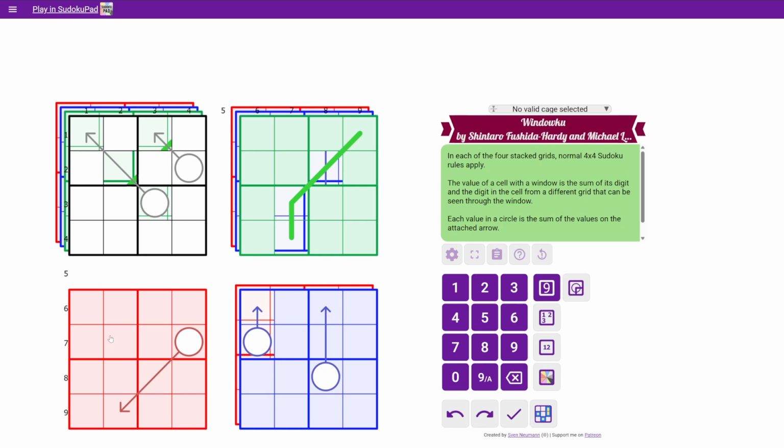So this one is in the back, the very back. This one is next. Okay, and then the green one, and then the black one is on top. Alright, the white one with the black border.